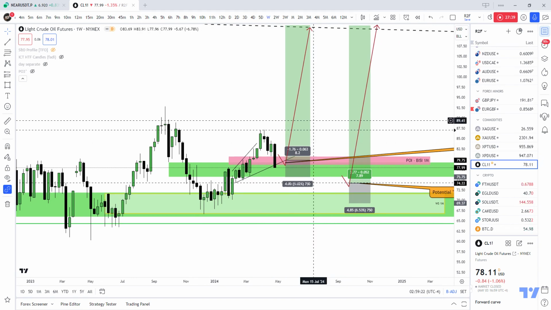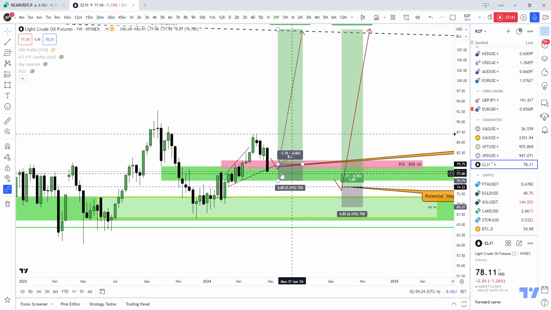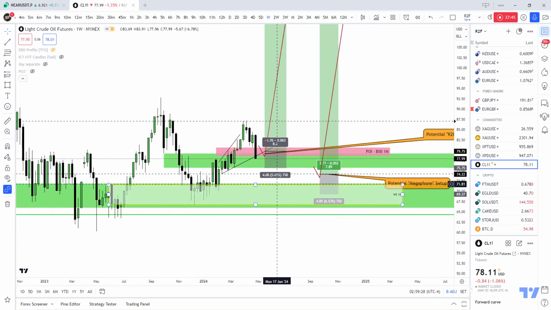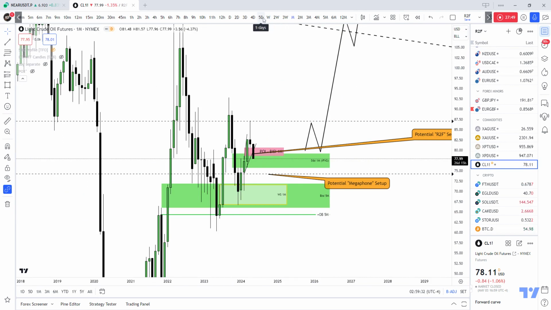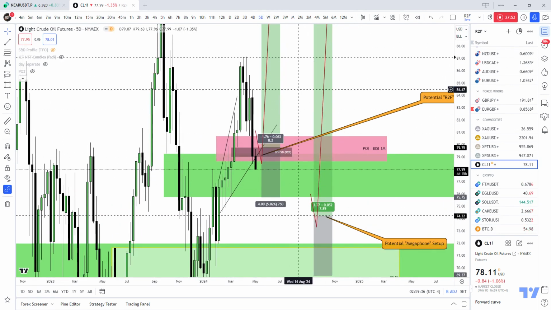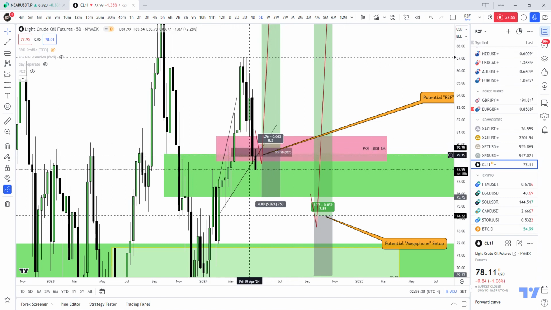So one of my models is inversion fair value gap here, or an R2F setup. I don't know where that is, 1 month. Yeah, I guess on this 5-day there's an R2F here, but it broke lower and came up into it and then started expanding lower.